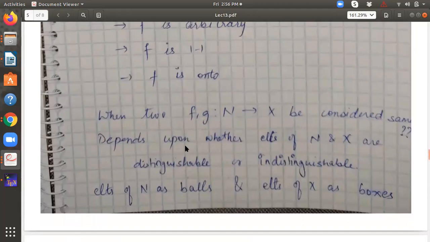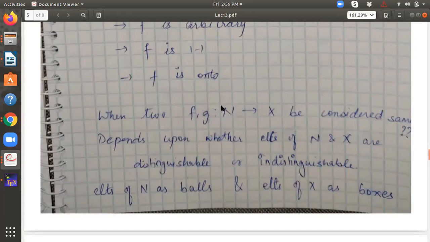This really happens depending upon whether the elements of this set or elements of this set are considered distinguishable or indistinguishable. Right? If you can distinguish elements of this set or not, that gives you when these two functions would be considered same or not.